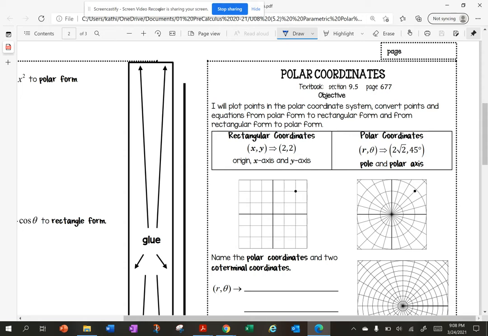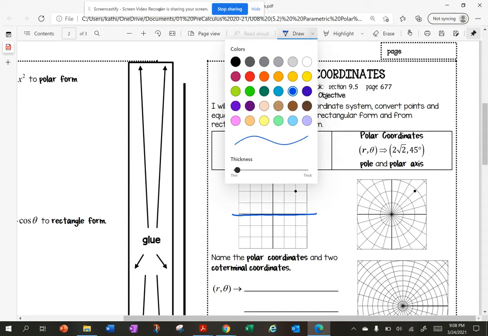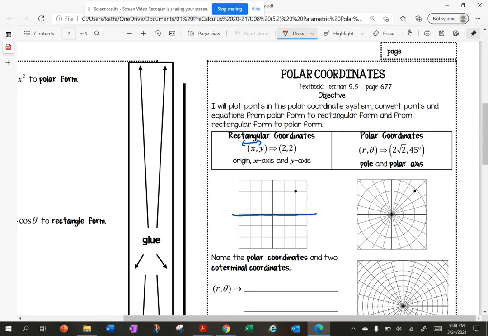the rectangular coordinate system. My horizontal is my x coordinate. That's my x-axis. And my vertical is my y coordinate, which is my y-axis. We should be pretty familiar with those.